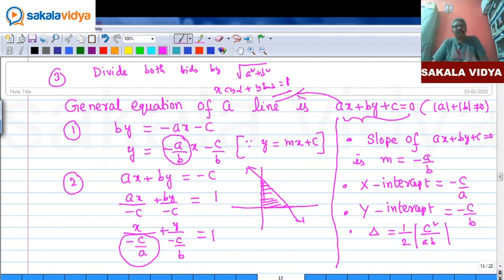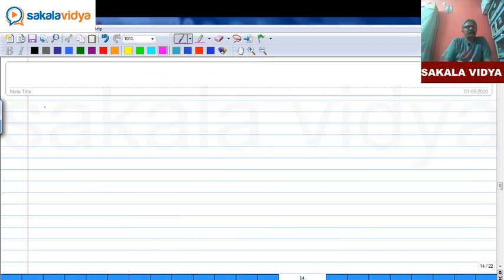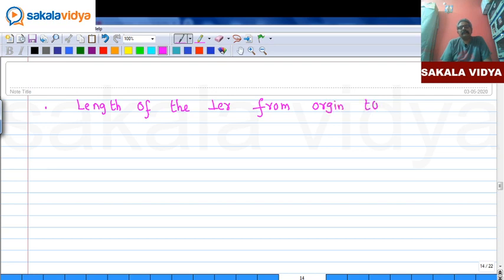Okay, next, the length of the perpendicular from origin to ax plus by plus c is equal to 0 is mod c by root of a square plus b square.